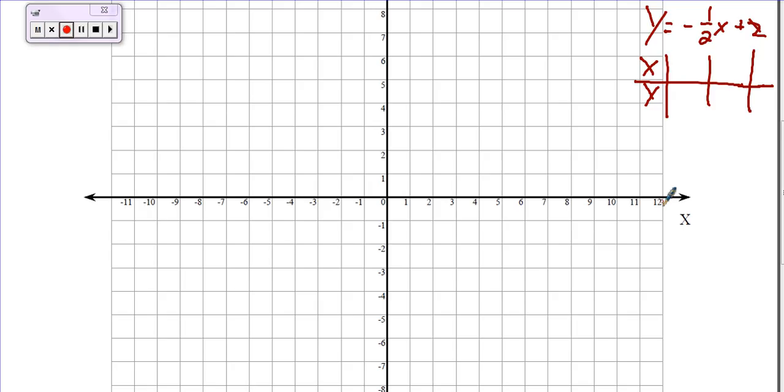Do the easy ones first. Do 0. And do something we can cancel because we're multiplying by negative 1/2. What about 2? Because that's 2 over 1, right?